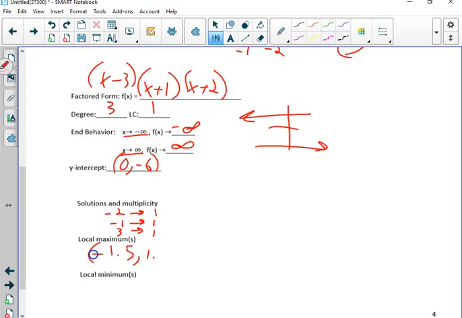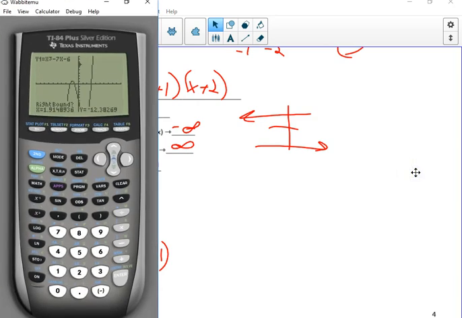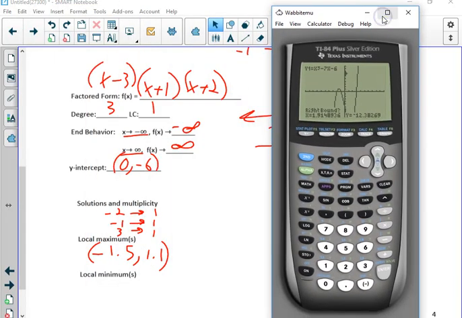Now the minimum. Do the same thing. Second trace. Now go down to minimum, which is 3. Now I've got to move somewhere down here. Once I know I'm on the left side of the curve, I can hit enter. But now I just have to hit enter until I get to the right side.